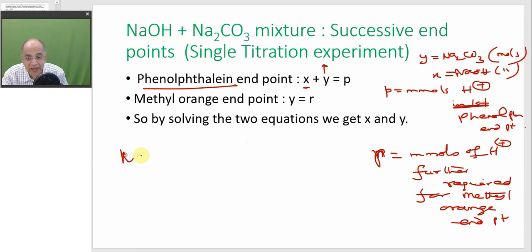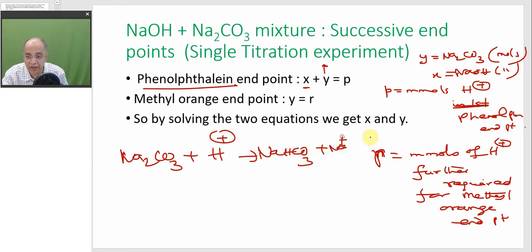Now again I am saying Na2CO3 plus H plus ion, for example, to give you NaHCO3 plus Na plus. I am writing the ionic equation. So whatever number of moles of H plus ion or HCl will be required in this step, the same number of moles of sodium carbonate is present. Supposing this is Y.